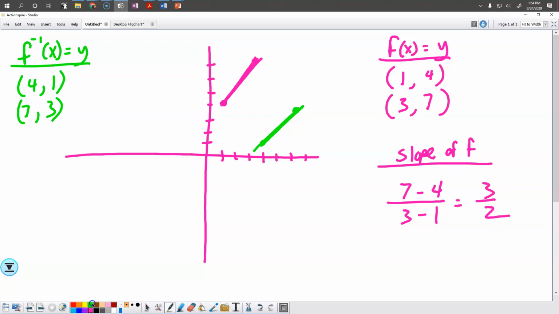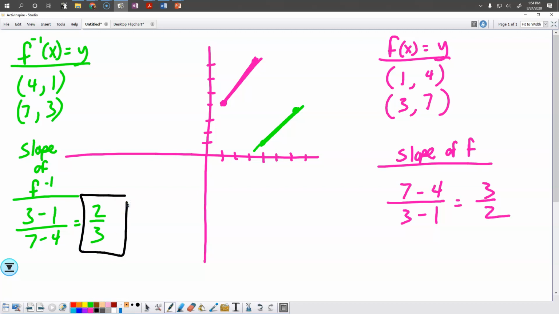Now let's take a look at the slope of the inverse function over here, y2 minus y1 over x2 minus x1. Let's compare their slopes. This slope and this slope, how would you describe the relationship of those two functions there? Well, they're reciprocals of each other, right?